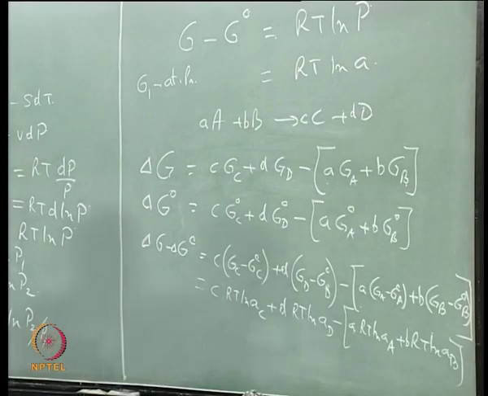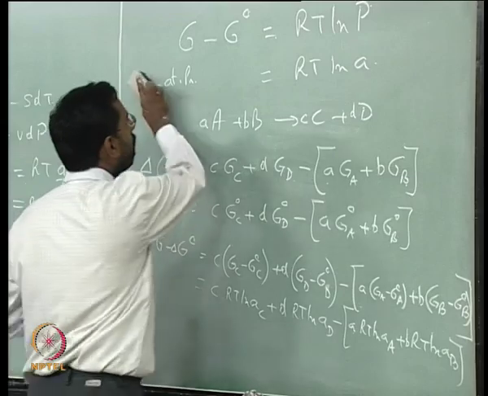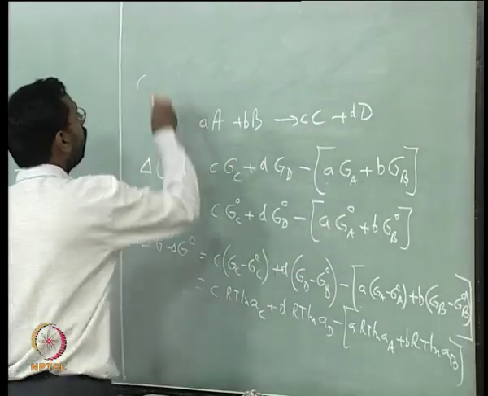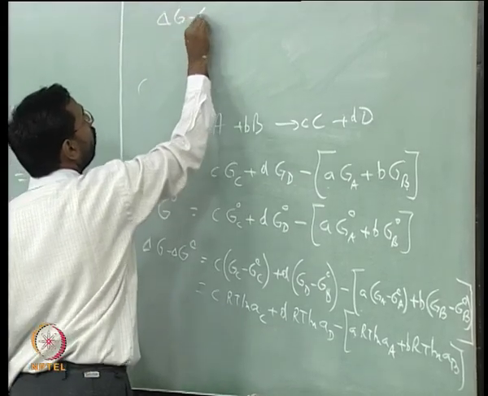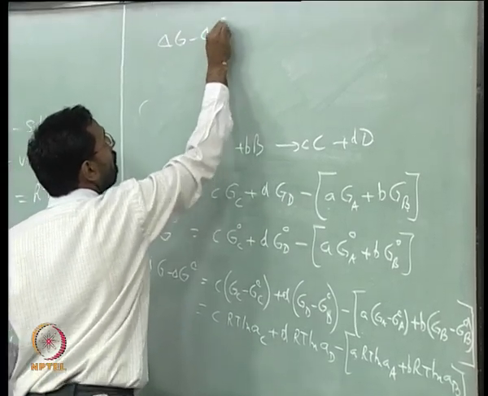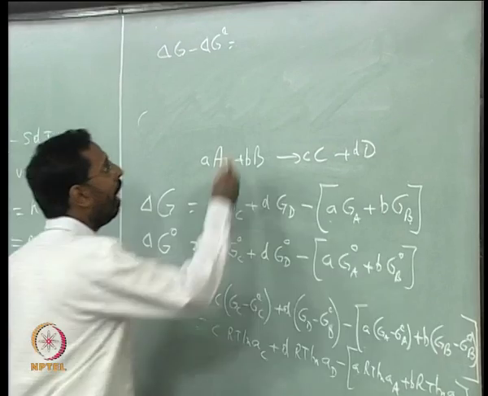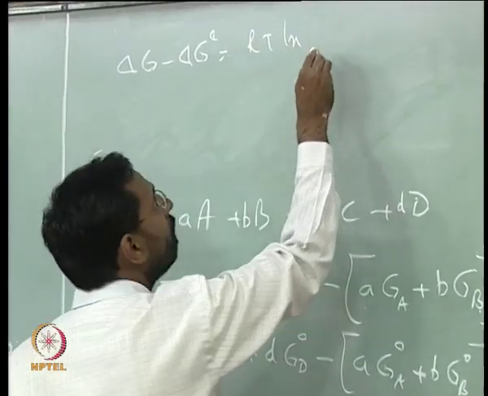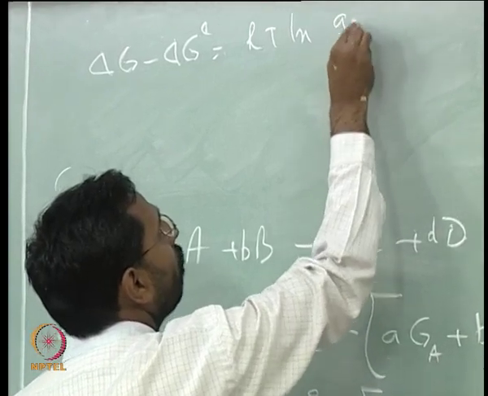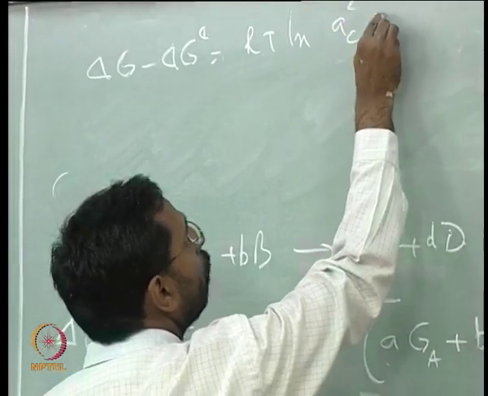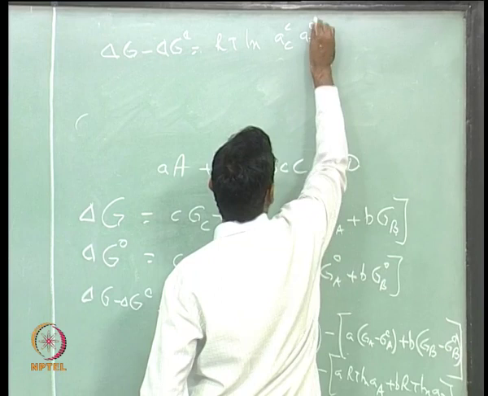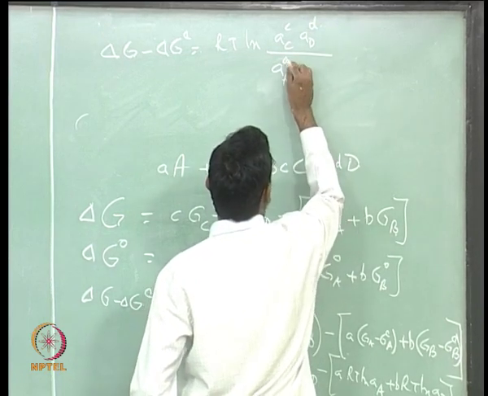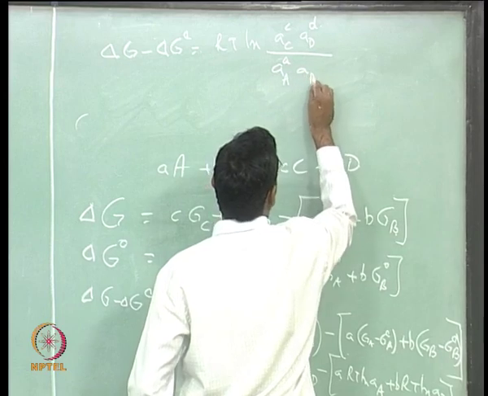And so, from this I can write that delta G minus delta G naught is RT ln of A of C to the power c into A of D to the power d divided by A of A to the power a and A of B to the power b.